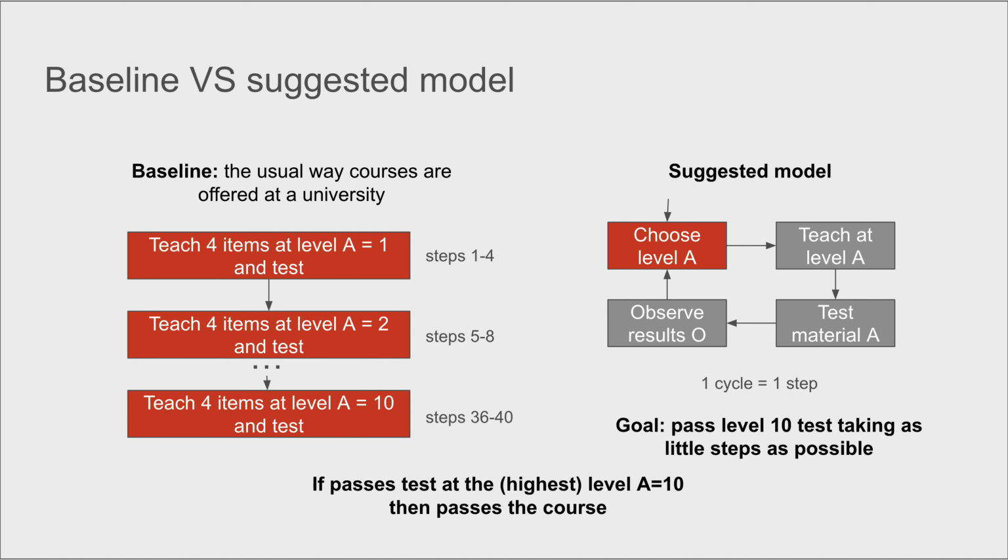And then the cycle repeats as we need to select a new action based on our estimation of the student level S. In both cases, if a student passes a test at the highest level, A equal to 10, then he passes the course. And the goal for our intelligent tutoring system is to select such a policy that a student passes the level 10 test taking as few steps as possible.